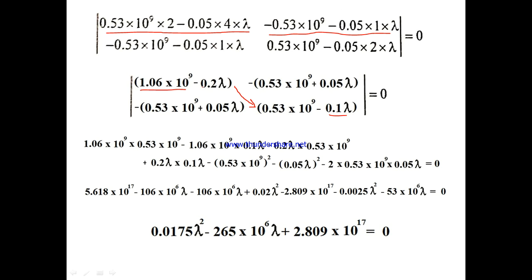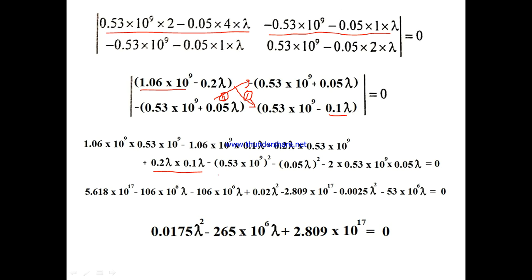Later again this value, minus 0.2 lambda into 0.53 into 10 raised to 9. Next, minus of minus becomes plus 0.2 lambda into 0.1 lambda. Same thing. Now this is the first case that I have multiplied. Now second, I need to multiply these two.